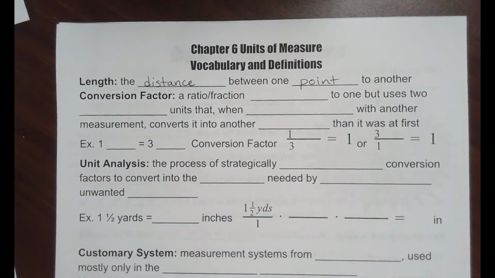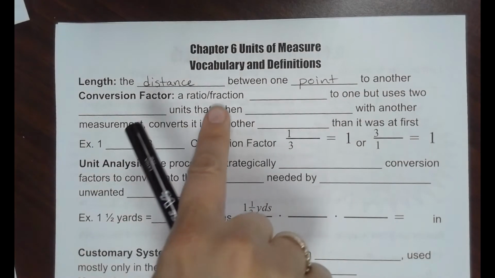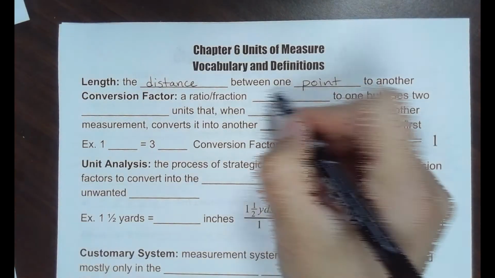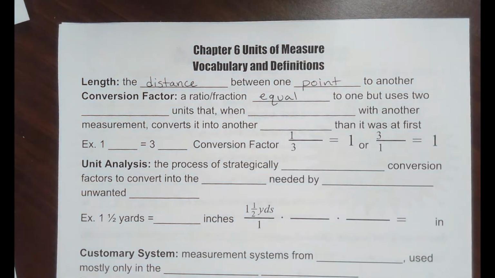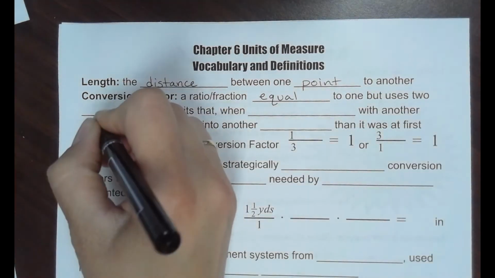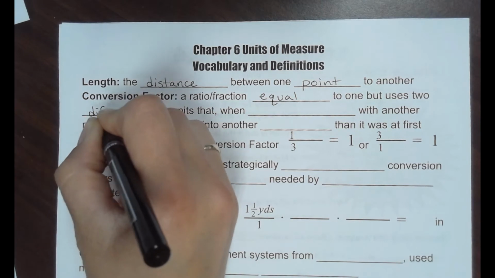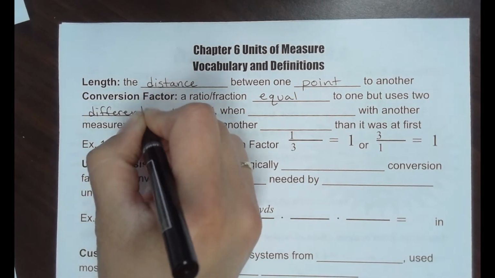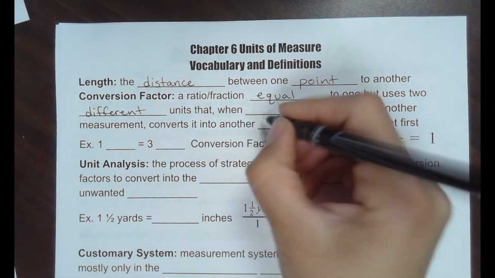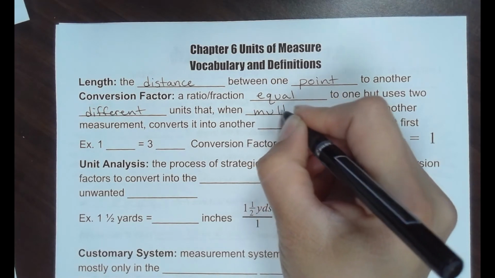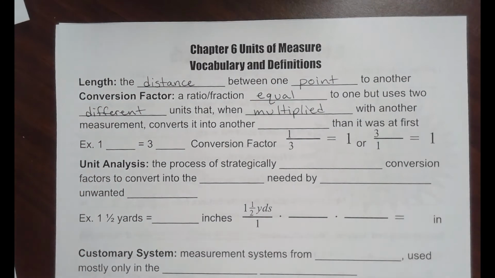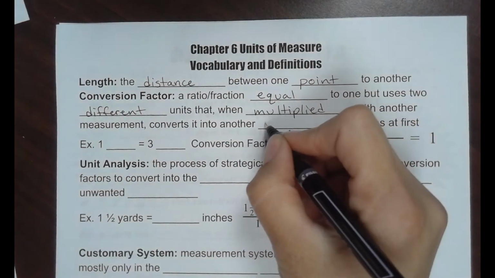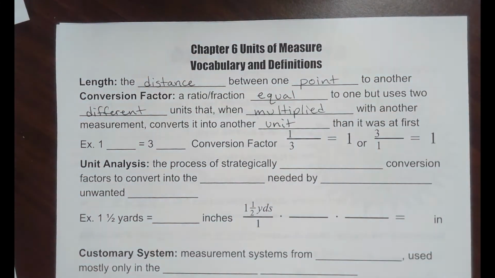A conversion factor is a ratio or fraction equal to 1 but uses two different units that, when multiplied with another measurement, converts it into another unit than it was at first.